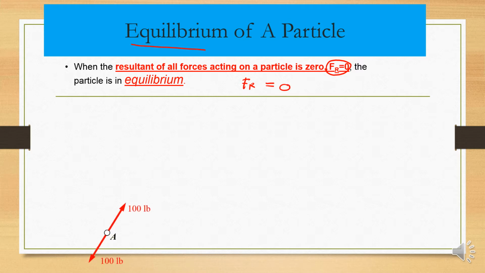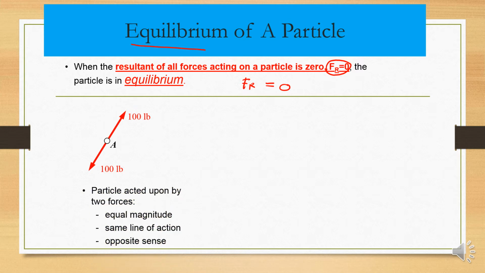For example, this diagram consists of two forces with the same magnitude. When the particle A is in equilibrium, these two forces, because there are only two, should have equal magnitude, the same line of action and opposite sense.